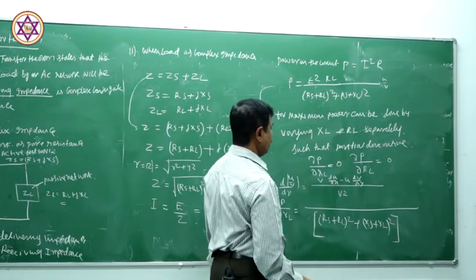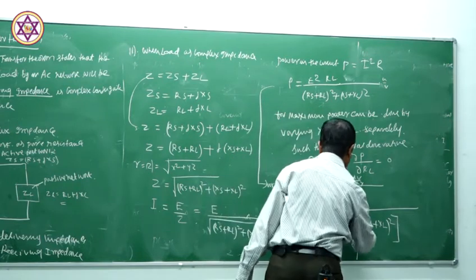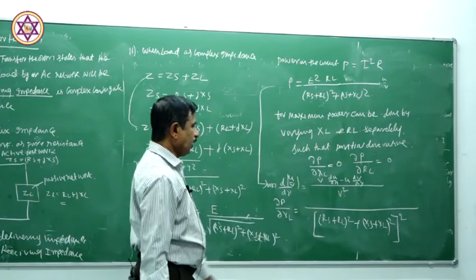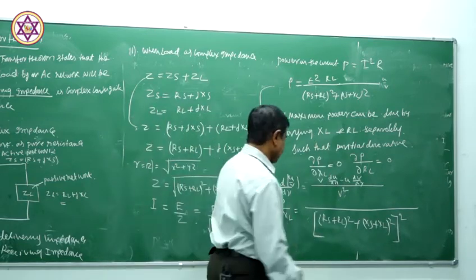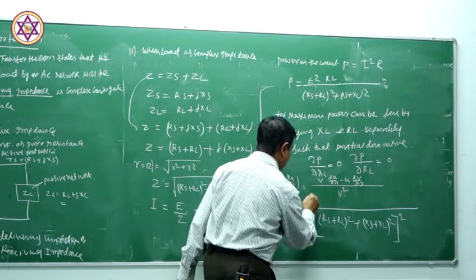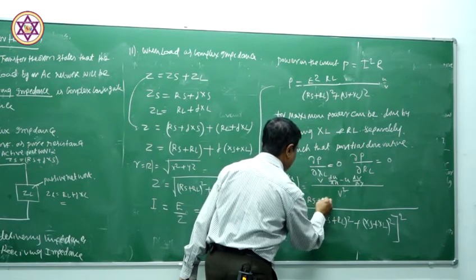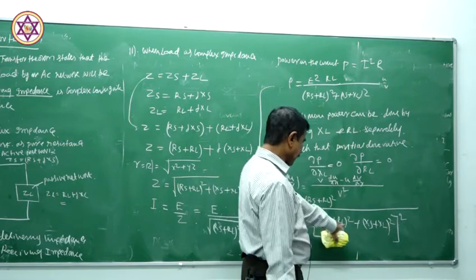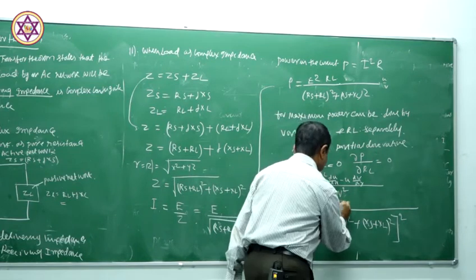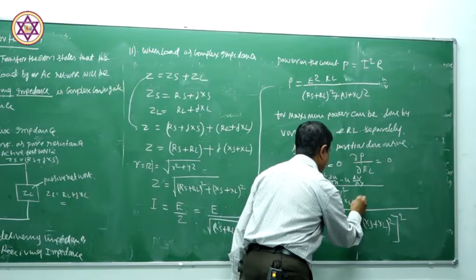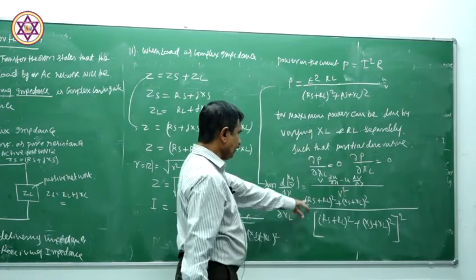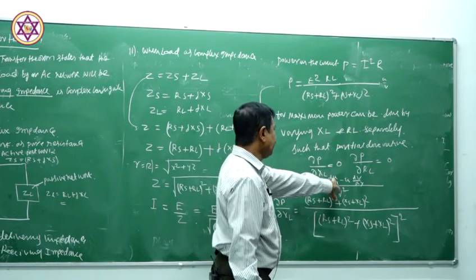to the power 2, that is v square. Then I write v as it is. What is v? V is (RS plus RL) the whole square plus (XS plus XL) the whole square, and now I have to differentiate u.